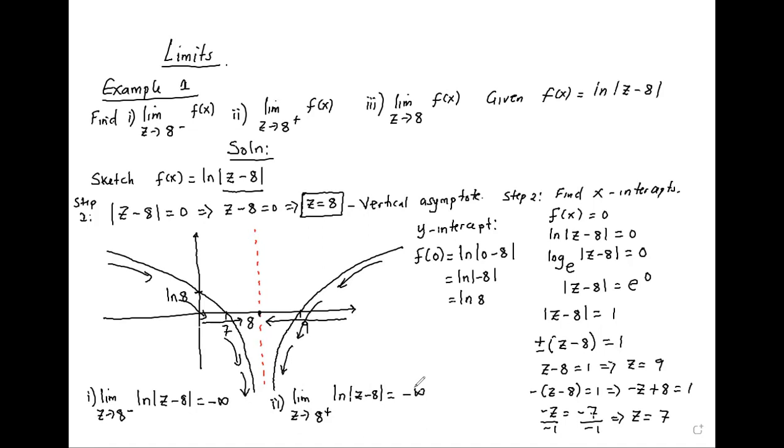So altogether, if the side limits are equal, then we have the limit as z goes to 8 of ln of z minus 8 equal to negative infinity.